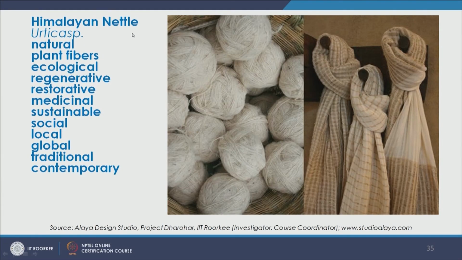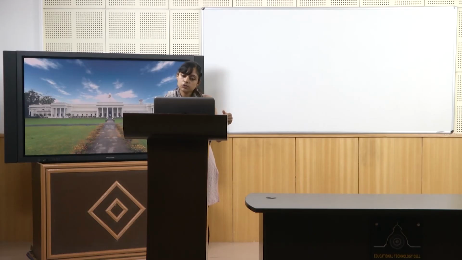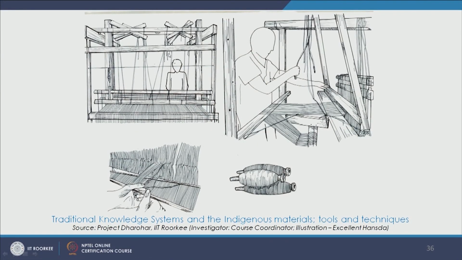So through these documentation projects, studio exercises and individual initiatives, we get to know about a lot of materials, traditional knowledge systems and interior architecture styles. We also saw the traditional knowledge systems embedded within the weaving craft, and we focused on Uttarakhand.